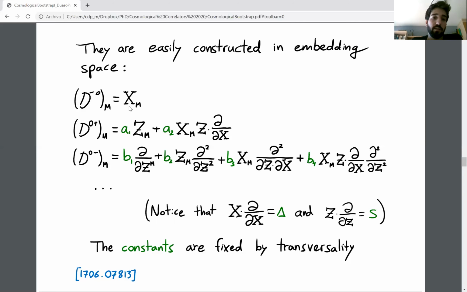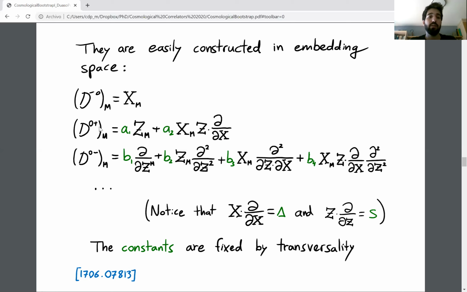And in that case, and for the vector representation, the only kind of term that you can write is x with a Lorentz index M. You cannot write anything else. So this means that the operator is just this.